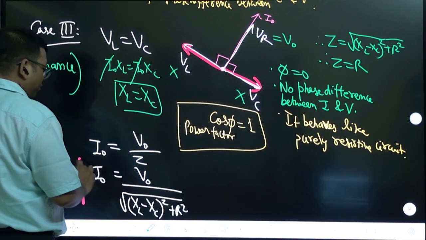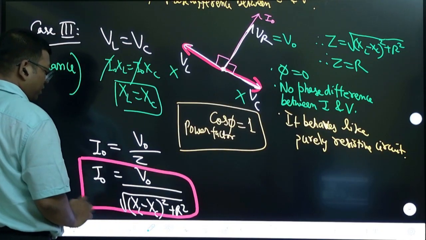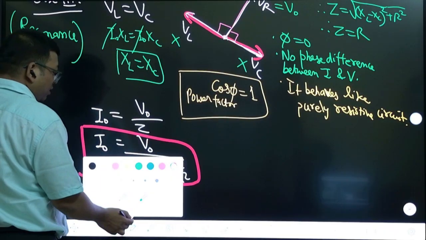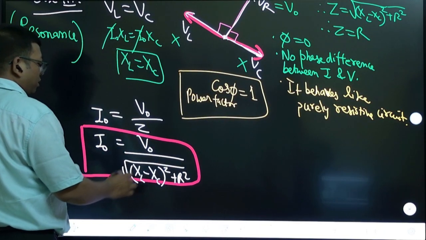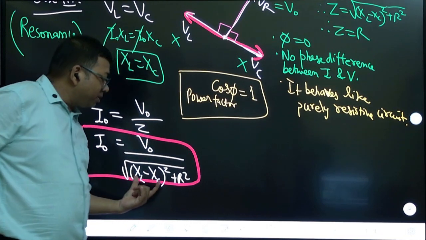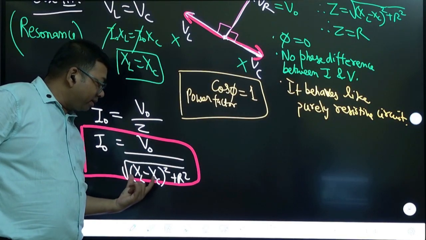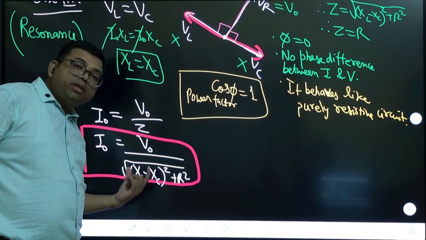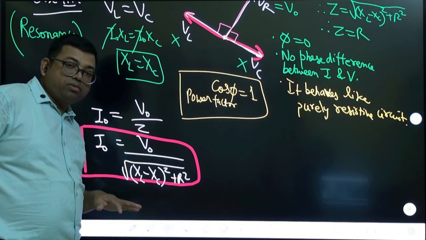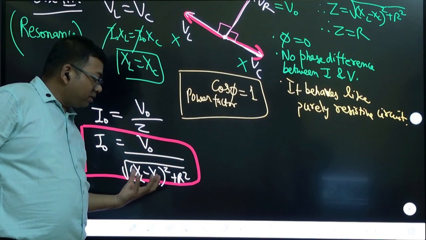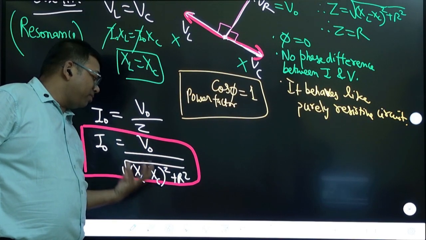You may change XL and XC, but when this term becomes 0, then this 0 is the minimum value of the denominator. Why? Because this is a square, so the minimum value of the square is 0. It cannot be negative.